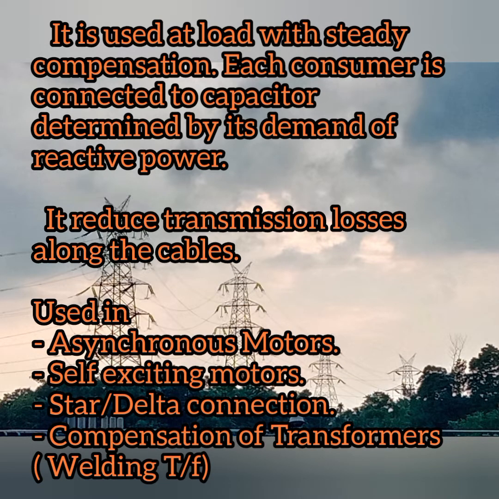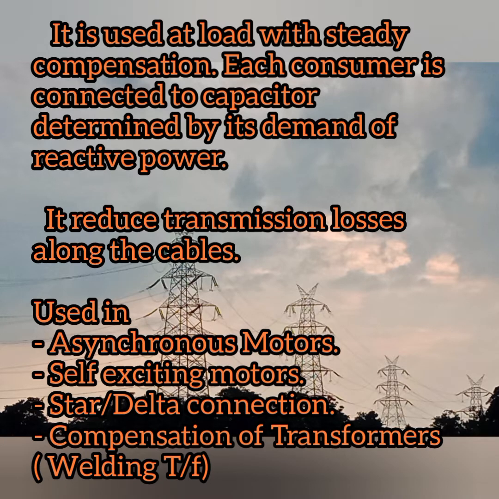It is mainly used at a load with steady state compensation. Each consumer is connected to a capacitor determined by its demand of reactive power, which means it is connected by a defined number of capacitors. Then it reduces the transmission losses along with the cable.